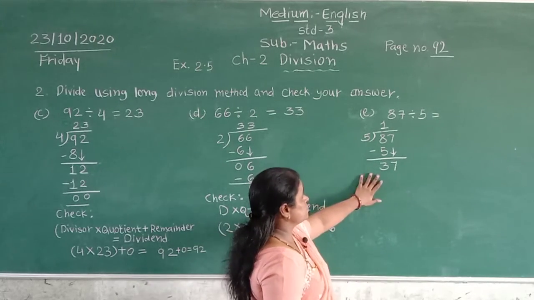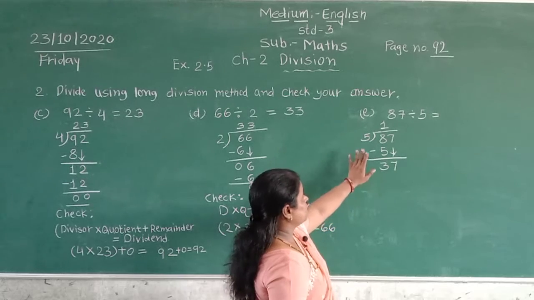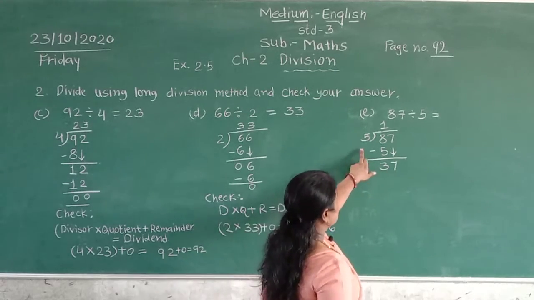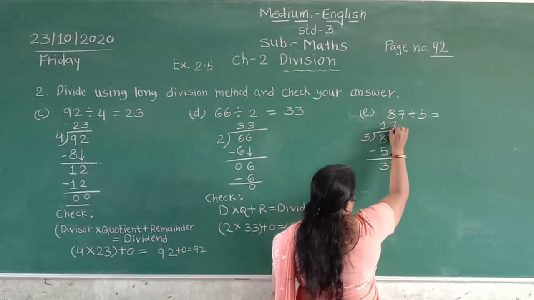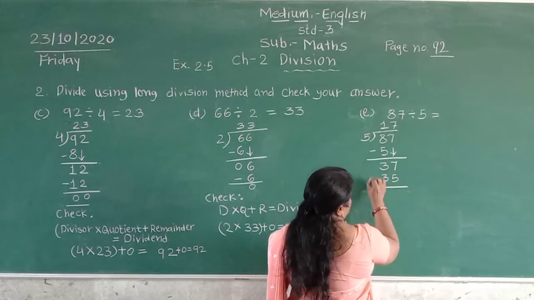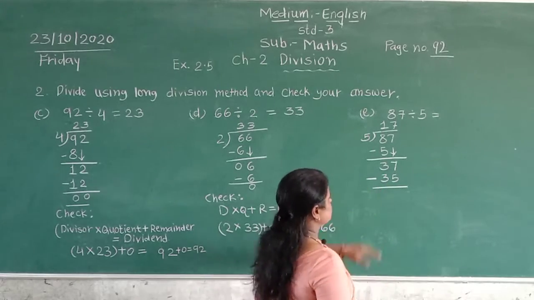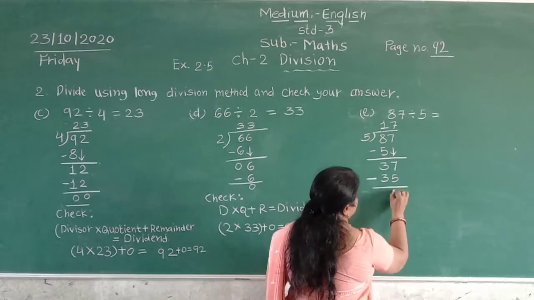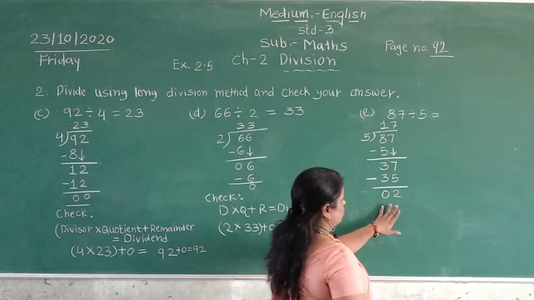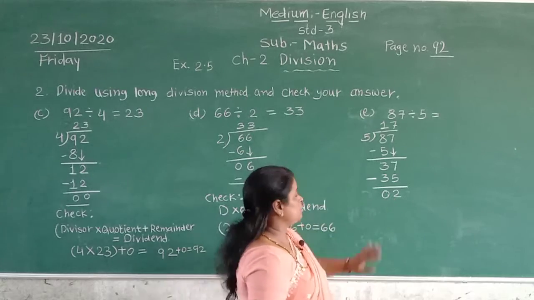How many times does 5 go into 37? So 5 sevens are 35. We will do minus. 7 minus 5, 2. 3 minus 3, 0. Here 2 is the remainder.